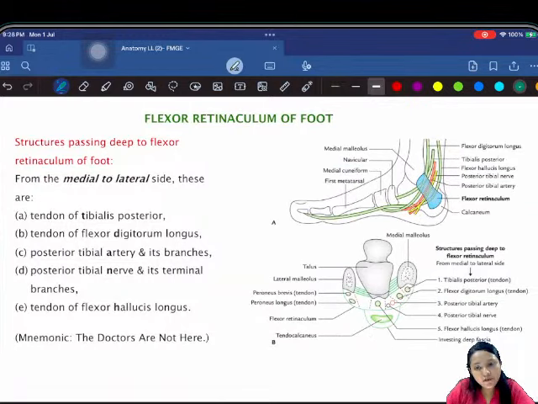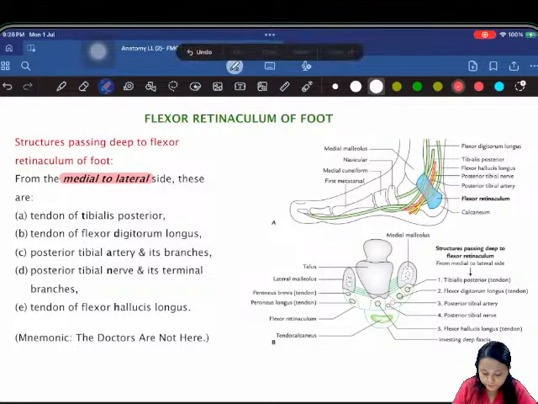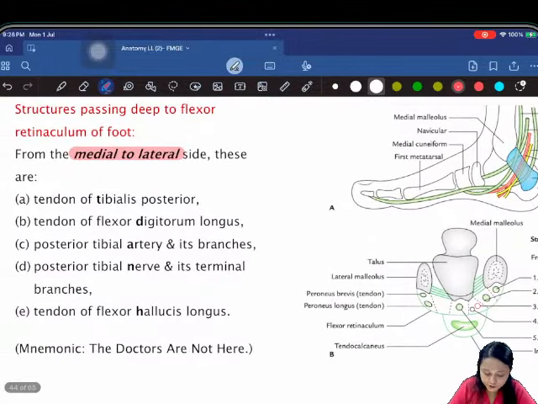As we have the extensor retinaculum, we also have the flexor retinaculum. Now the structures passing deep to the flexor retinaculum, again from medial to lateral. Here you have tibialis posterior. Then you have the tendon of the flexor digitorum longus.